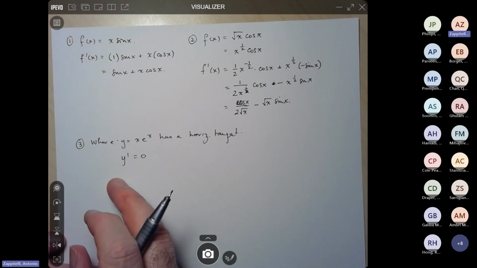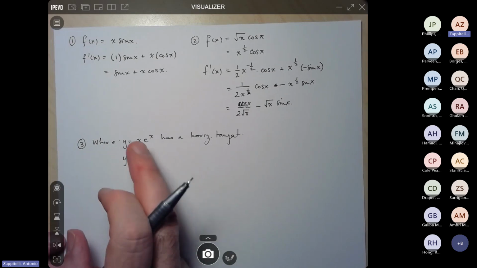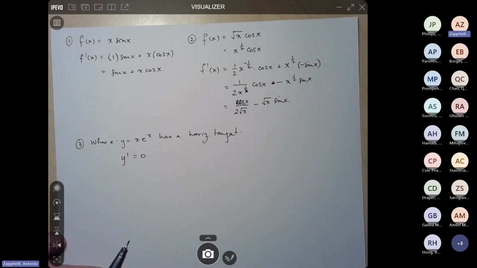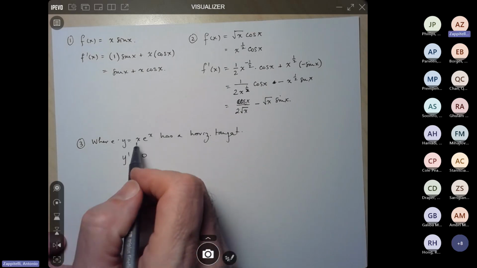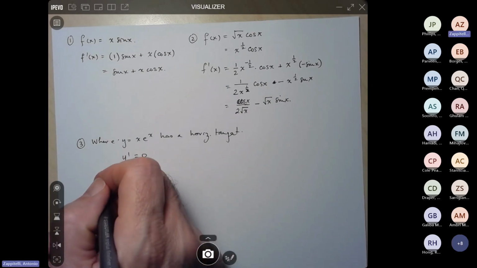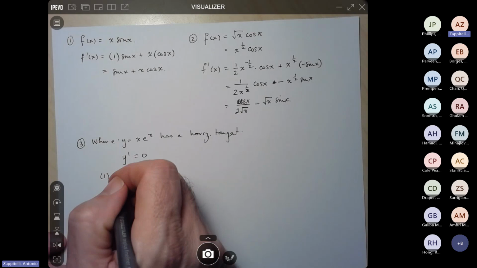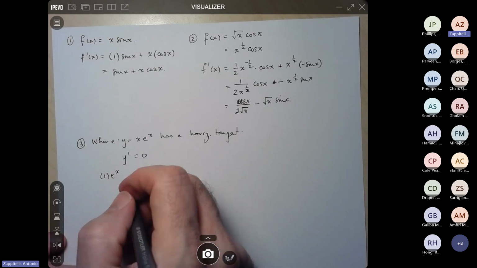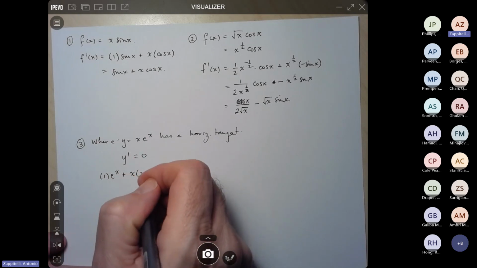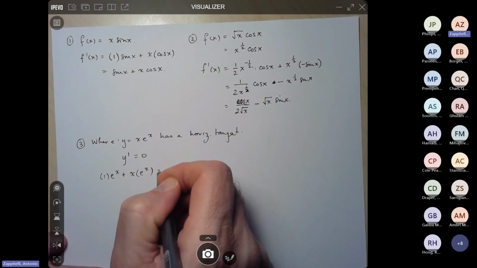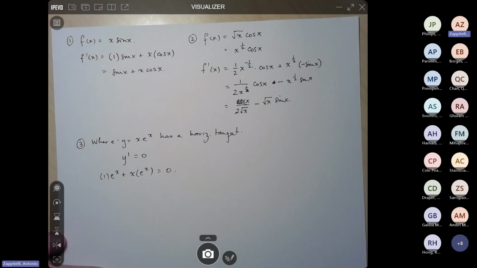So as was said, obviously, if we want to solve this equation, we're going to have to take the derivative of x e to the x. So now I'm going to apply my product rule because it's a product here. So derivative of the first function, derivative of x is just 1 times the second function, e to the x, and then plus the first function times the derivative of the second function, e to the x, and all of that has to be equal to 0.